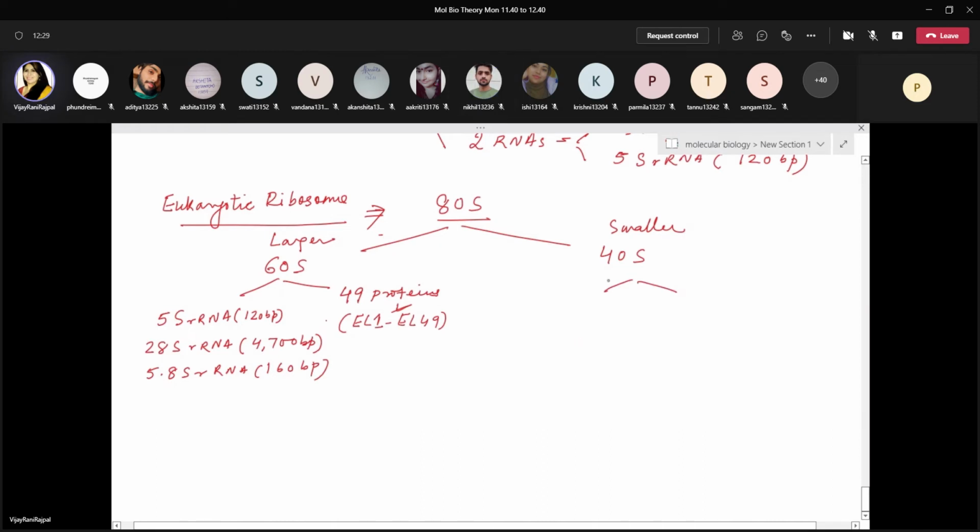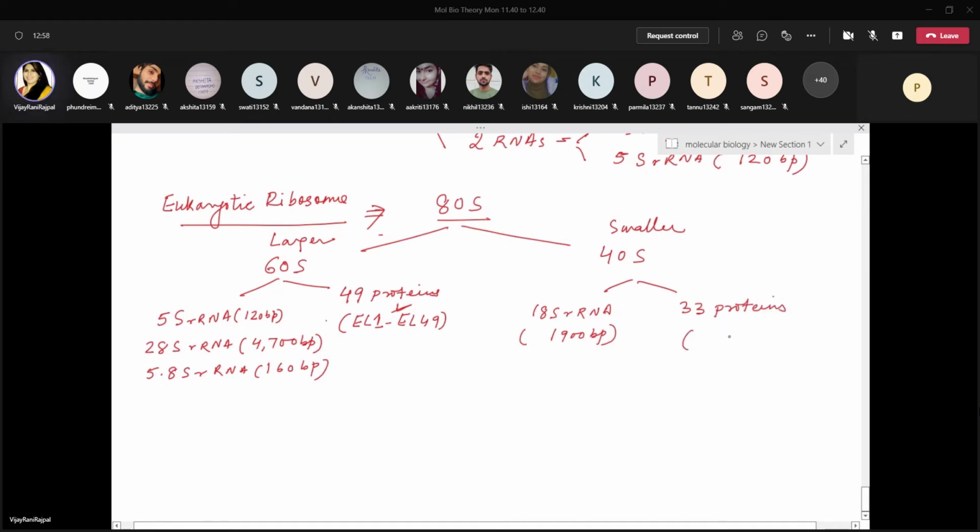So likewise, you have the smaller subunit of eukaryotic ribosomes. And here it contains, once again, ribosomal RNA and different proteins. Only a single ribosomal RNA, the 18S ribosomal RNA of the size 1900 base pairs, is present in this subunit, and there are 33 proteins.